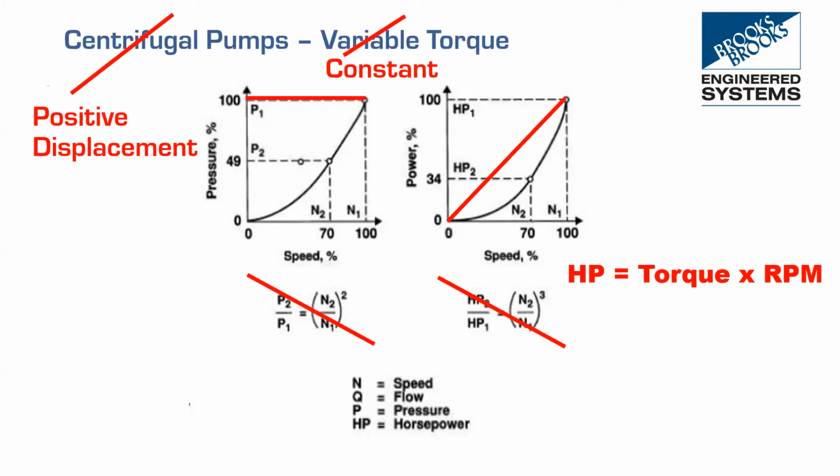And because of this, VFDs for positive displacement pumps have to have a constant torque, or what's often referred to as a heavy duty amp rating. So whenever you're selecting a VFD for a positive displacement pump, you should always check with the manufacturer that the amp rating they're giving you on their VFD is the constant torque or heavy duty amp rating, not the variable torque or normal duty rating.